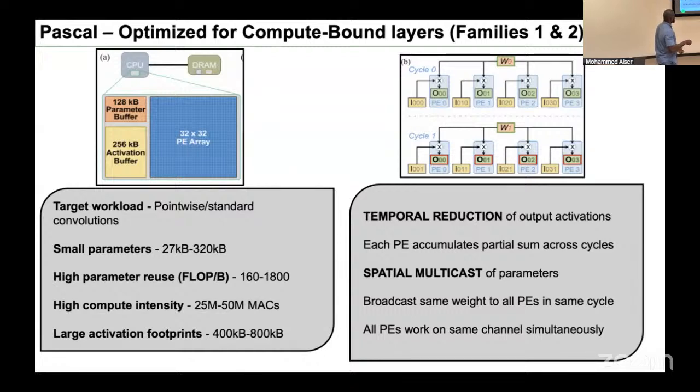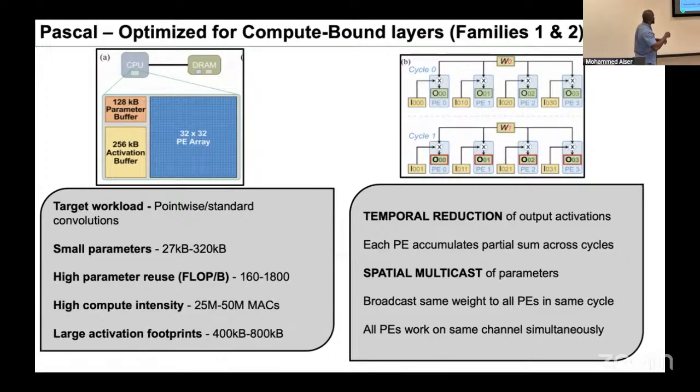In the next cycle, it reuses the same output activation. So all the processing elements have the same weight in the same cycle, and the processing elements accumulate the partial sums, or partial outputs, across the different cycles.